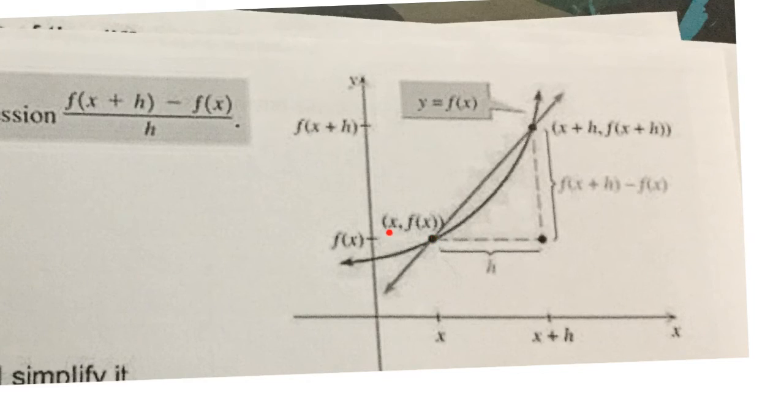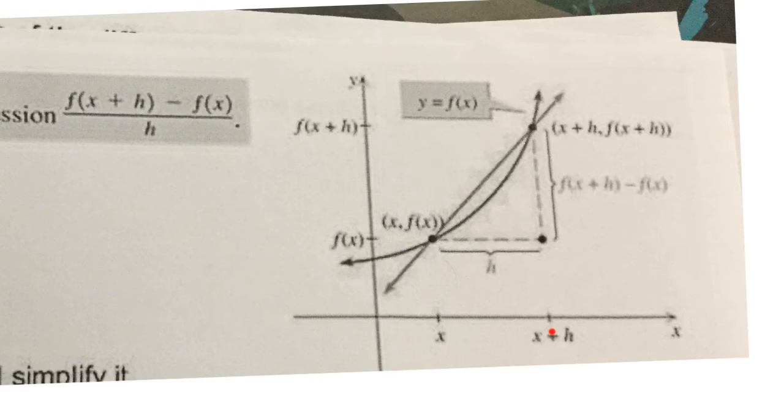They're doing the same thing here, but now we're changing the names of the points. So right here, my first point is x for the x value, and then the y value is whatever you get when you plug in x to f. So we call that f of x. Now the difference is, now we're going to move along a distance of h units. So I don't know what h is, but I've moved h units to the right.